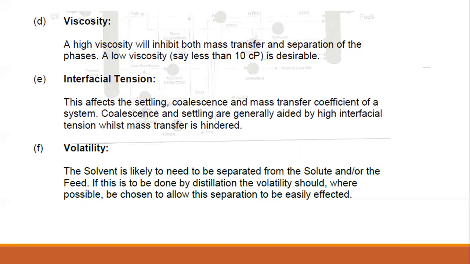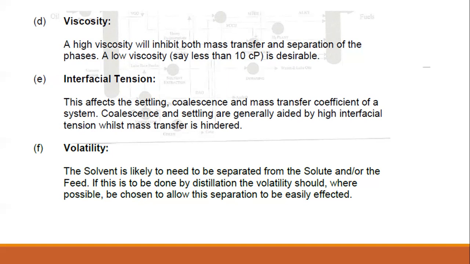Interfacial tension affects the settling, coalescence, and mass transfer coefficient of a system. Coalescence and settling are generally aided by high interfacial tensions, while mass transfer is hindered. Coalescence is actually binding of the components.